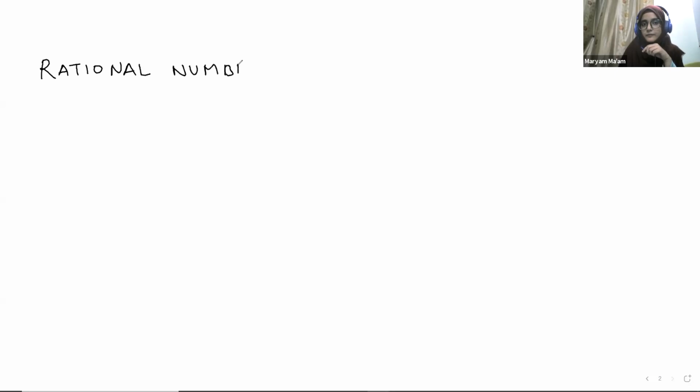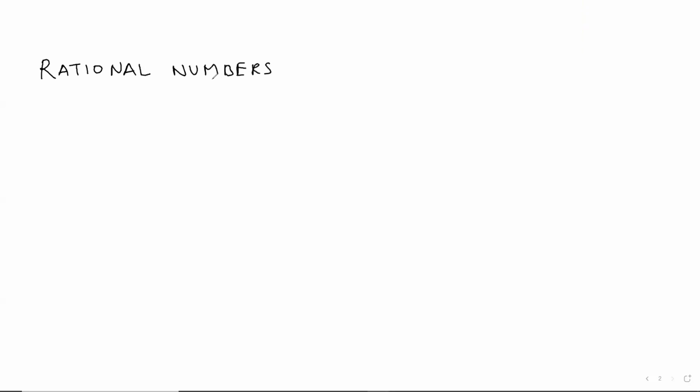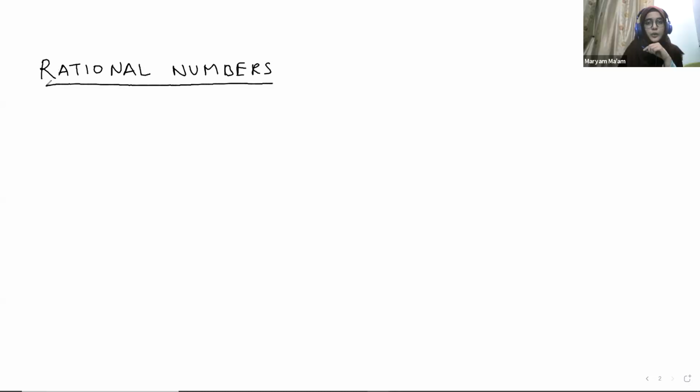Has any one of you ever heard that term before, rational numbers? Yes, ma'am. Can someone tell me? Ma'am, it's a number in the form of P upon Q, where P and Q are integers and Q is not equal to 0. Okay. Do you know why we call them rational numbers?